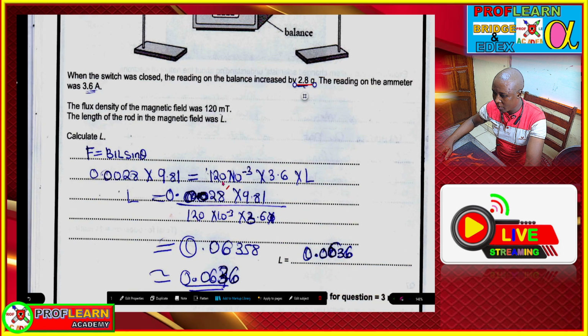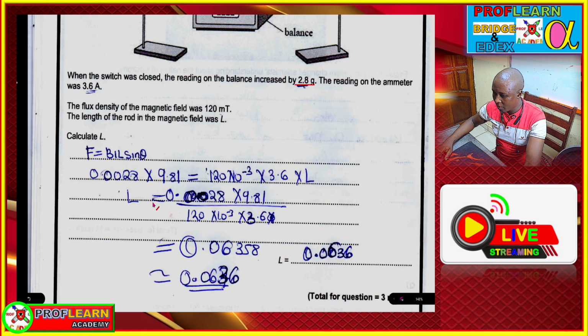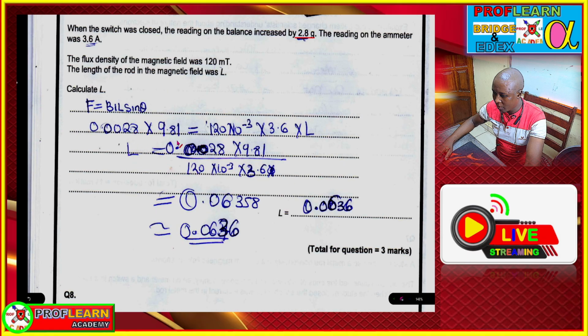Then apply weight equals mass times gravity. So the mass in kilograms is this one, times 9.8. Then we shall say it is equal to BIL sine theta. Then if you substitute everything and work out the value of L, the length will be 0.0636.